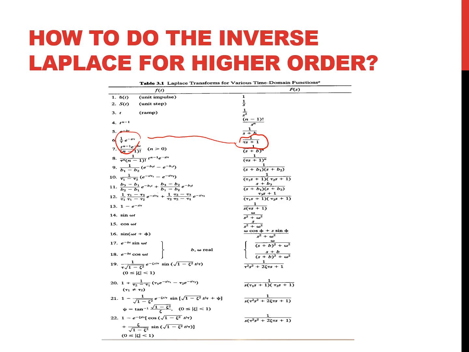But for the higher order, usually it's not available in Table 3.1 here. So it's a little bit complicated to do the inverse Laplace for the higher order. So how can we inverse Laplace the higher order? That is the main question.